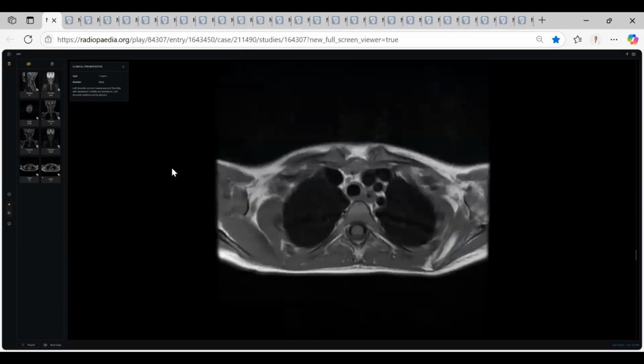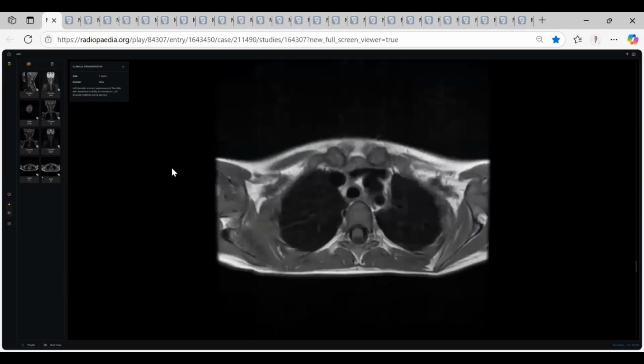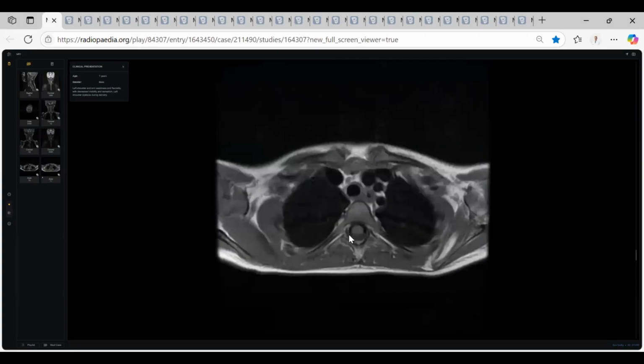Excellent. So conclude, please. See what happened here, compared to the contralateral side. What is the name of this pathology? Fatty infiltration or atrophy. Excellent. Could you please conclude?